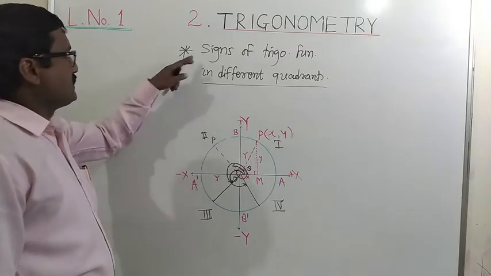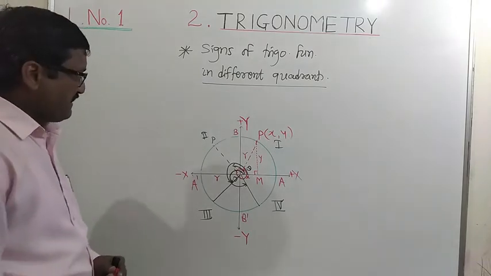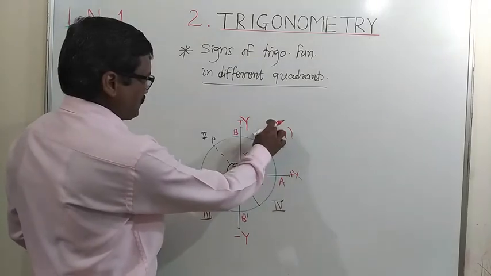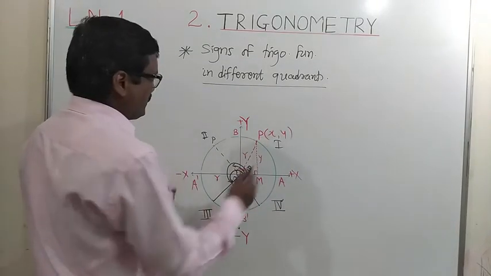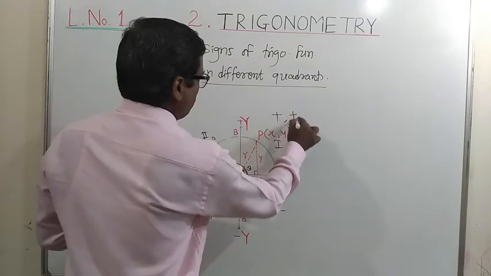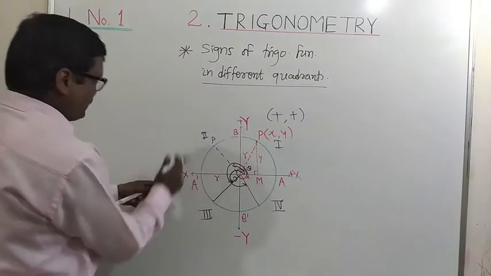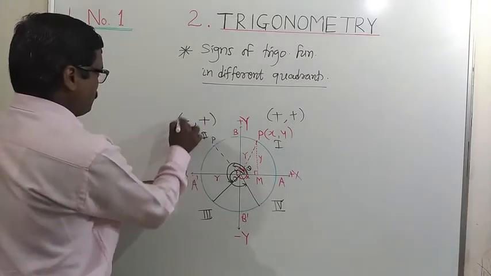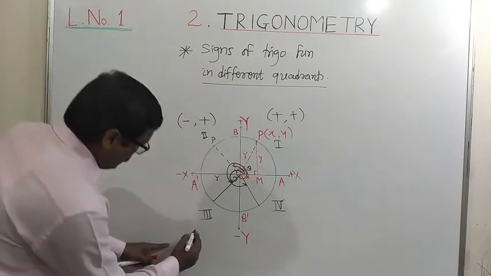The next point: signs of trigonometric functions in different quadrants. Here in the first quadrant, the coordinates of the point are positive, positive, both coordinates are positive. In the second quadrant, x is negative and y is positive. In the third quadrant, x is negative, y is also negative.